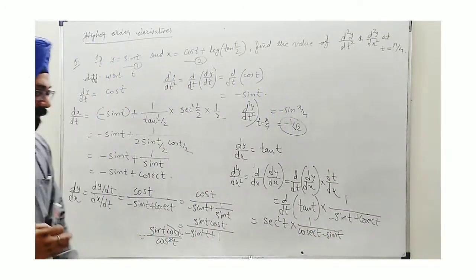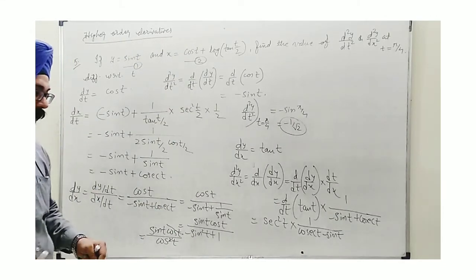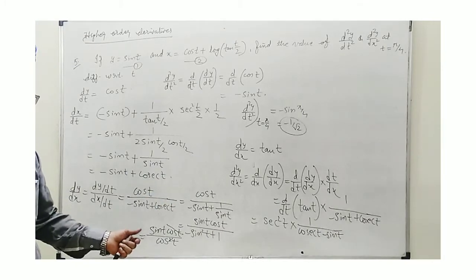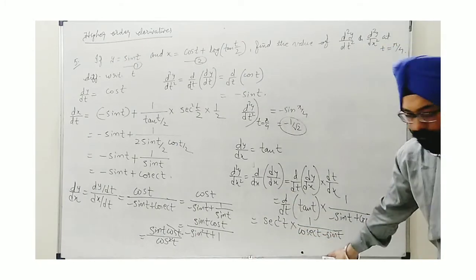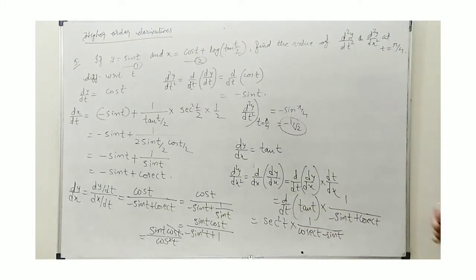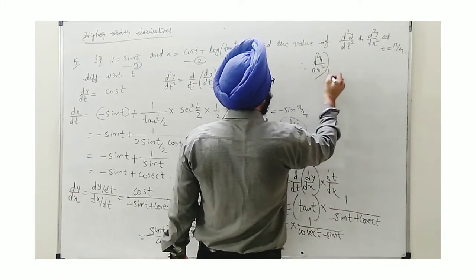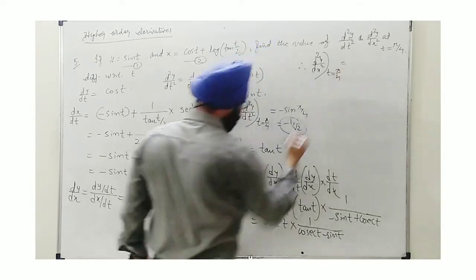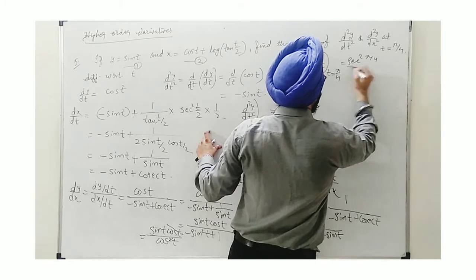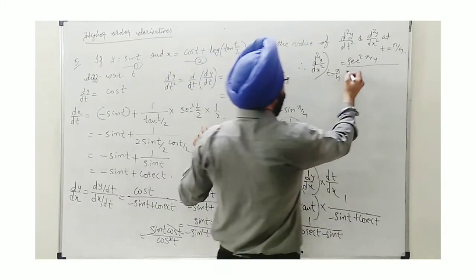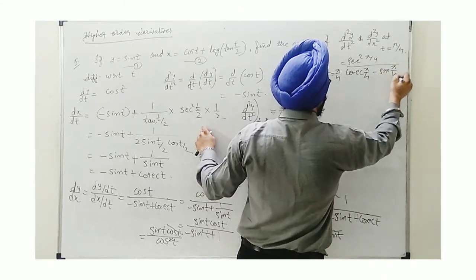I recently said in one question, whenever there is a question to put the value t equal to pi by 4, do not wait for the simplest answer. Here we can directly put, now this is the value of d square y by dx square, we can put t equal to pi by 4. Therefore, d square y by dx square for t equal to pi by 4, we have sec square pi by 4 in the numerator. In the denominator, we have cosec pi by 4 minus sin pi by 4.